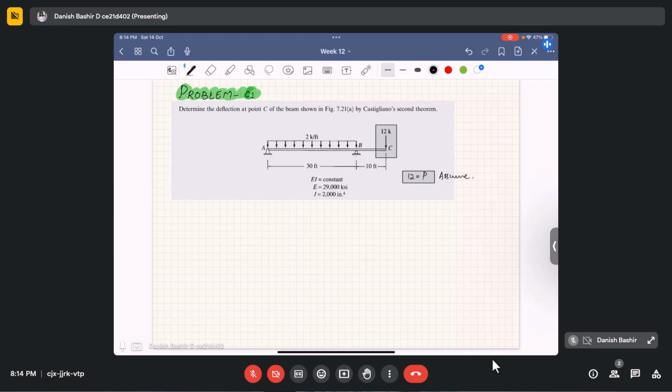After that, we will compute the strain energy of our beam structure with P as unknown. When we have done all these computations, we will take the partial derivative of our strain energy with respect to this P load, wherein we will get a long expression in which P will be unknown.